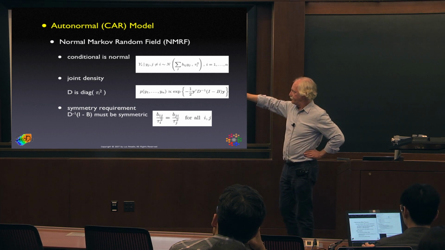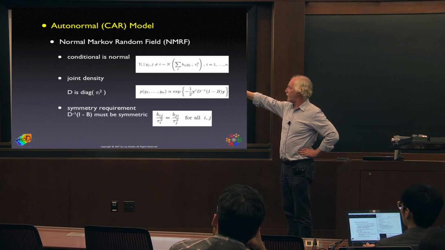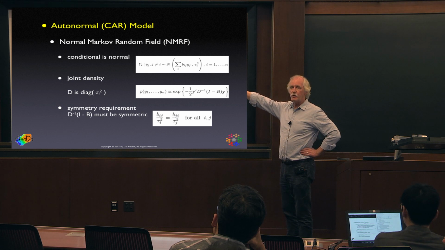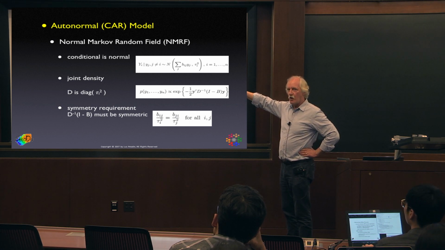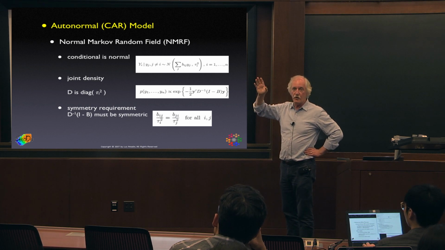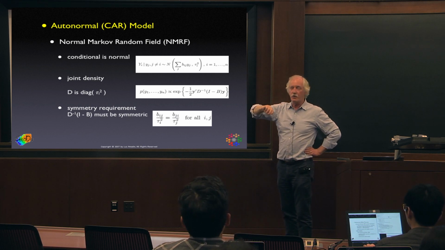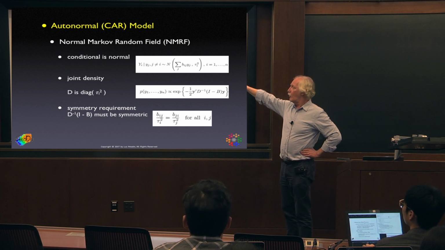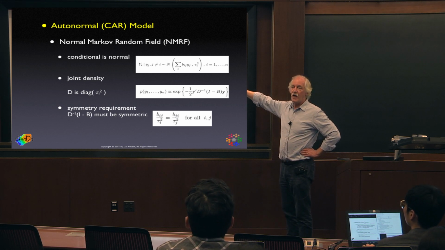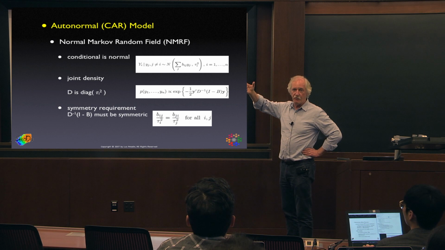So this specifies directly the conditional distribution of y at i as a function of all the other locations. You'll see in a second where the constraints come in, as a weighted average of the values at the other locations. We've seen this before.